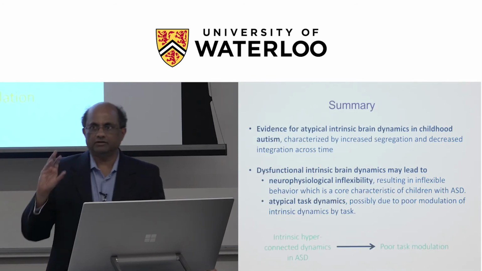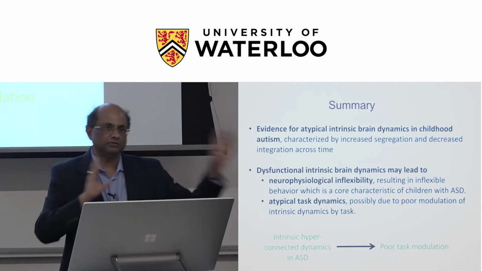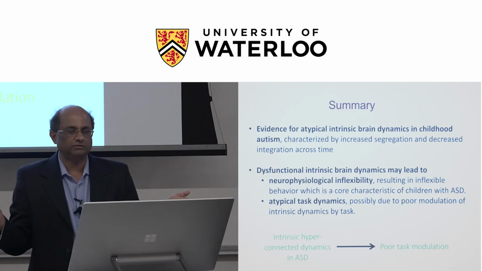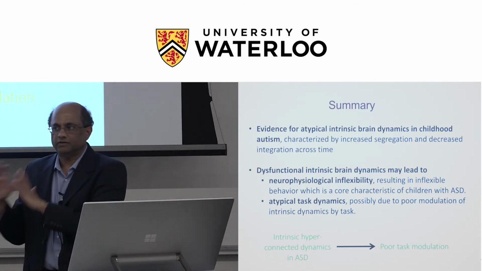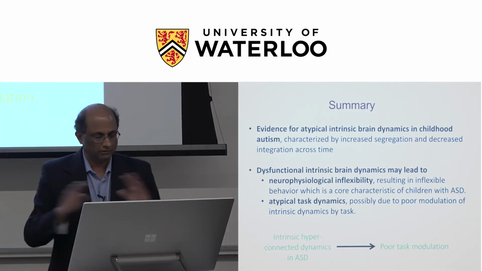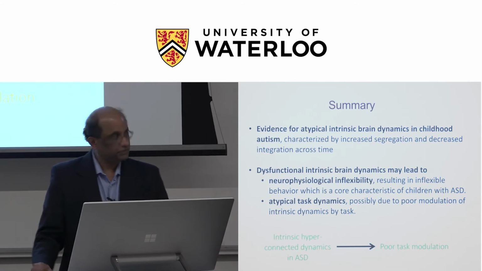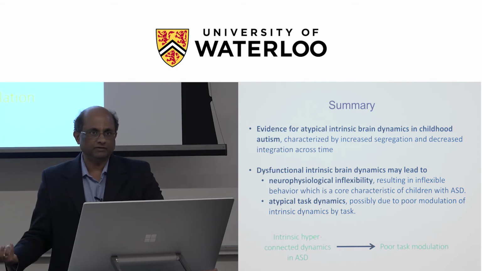So these are hints that there are different systems. Those network nodes are all derived based on static network organization. And we're looking at the dynamics and saying there are dynamical features that are predictive of clinical phenotypic features and can also be dissociated. So the general idea here is that you have an intrinsic hyperconnected system, poor task modulation, poor switching between states.